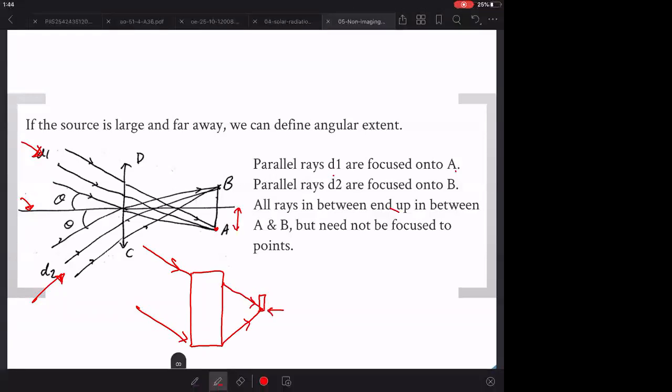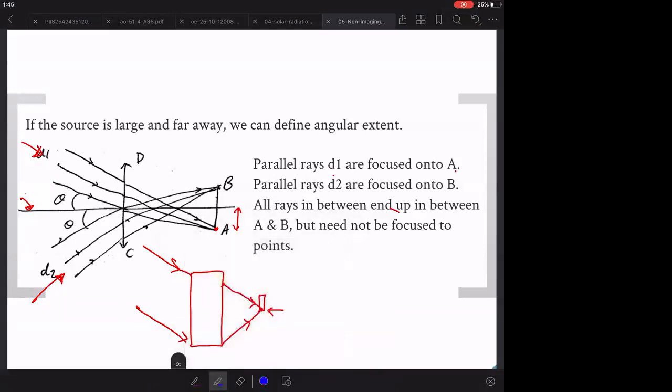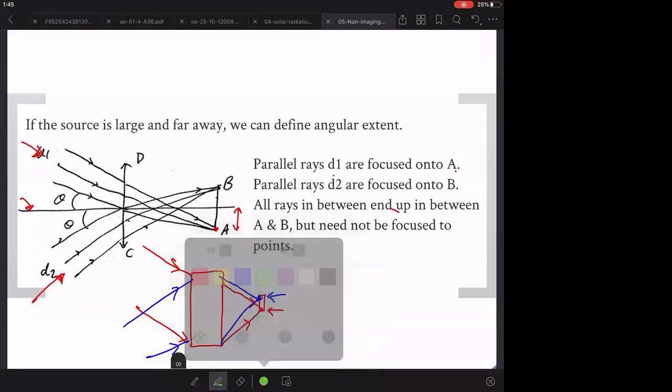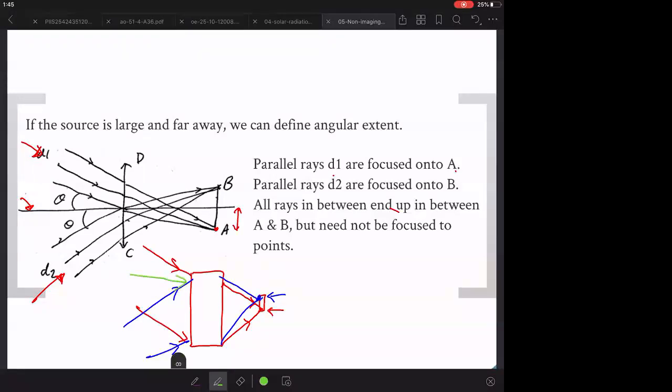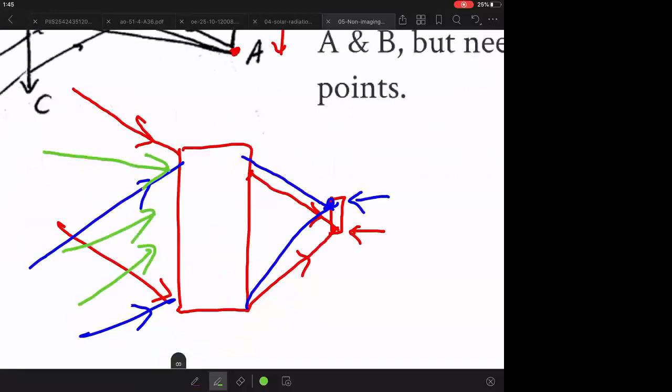And now if I have a different set of rays coming at this angle that is focused to the other edge of the receiver, and if I have any other set of rays in between, can be anything, I cannot guarantee that that will be at a single point, but I can guarantee that it will end up on the receiver.